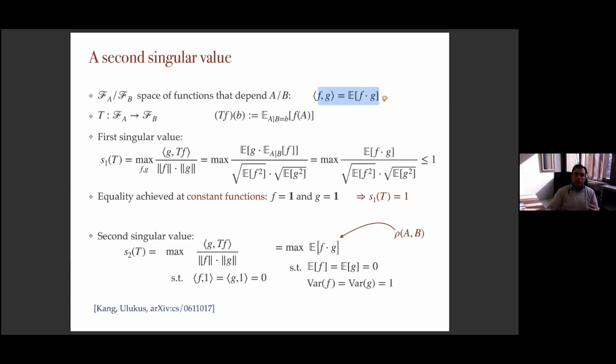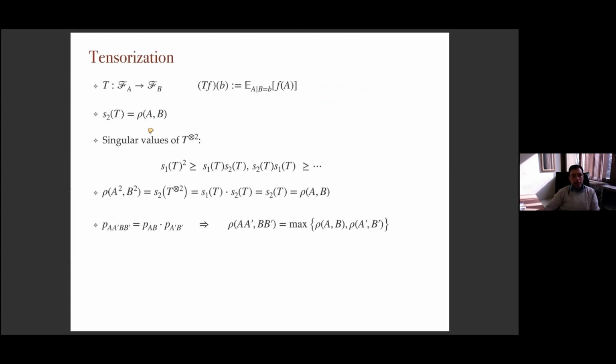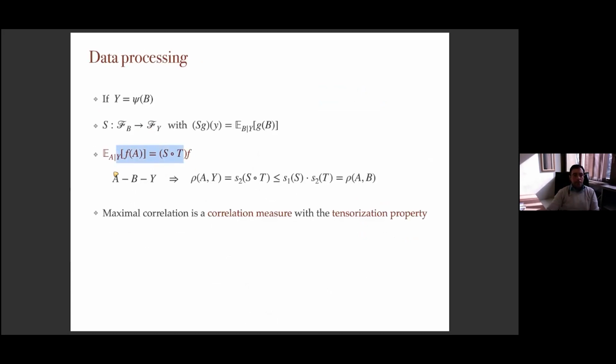Then you have some subspaces of this whole space: the space of functions that are functions of A itself, and the space of functions that are only functions of B. And then this operator T, if you think about that, is an orthogonal projection from the subspace f of A to the subspace f of B. And this composition here tells me the projection from A to Y is the same as projection from A to B composed with projection from B to Y. So these are already projections on the space of functions.